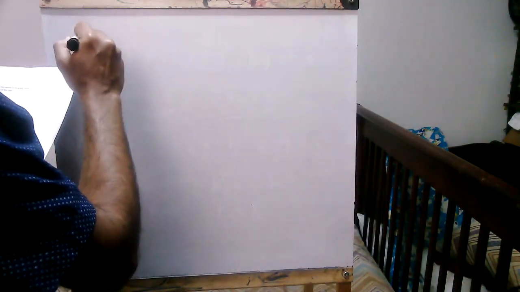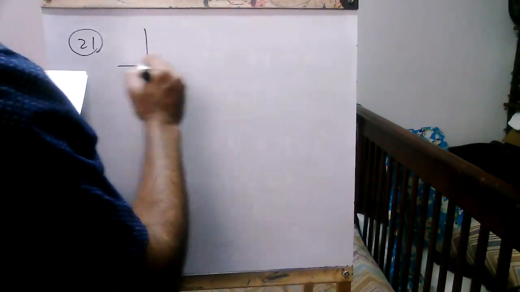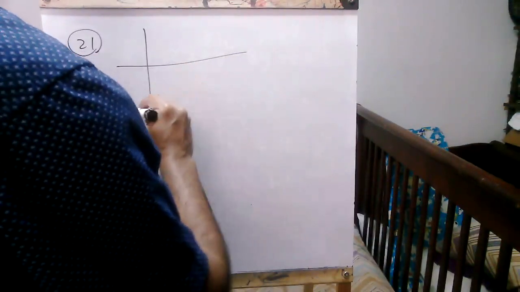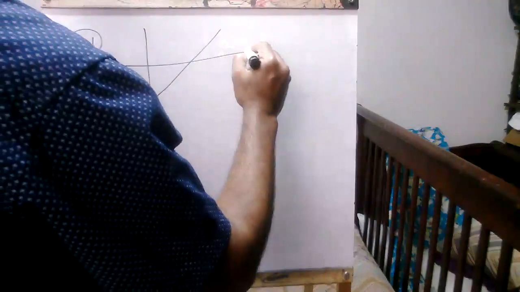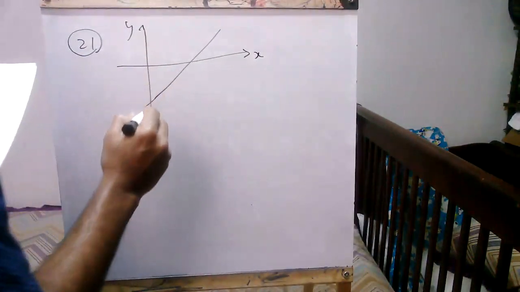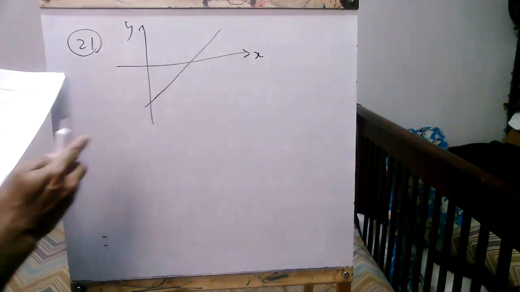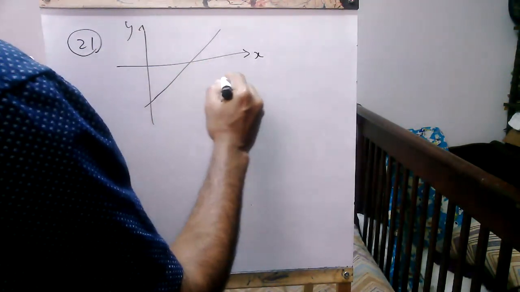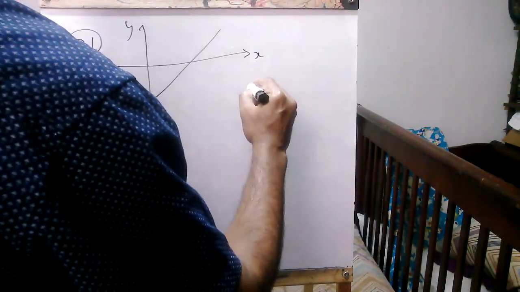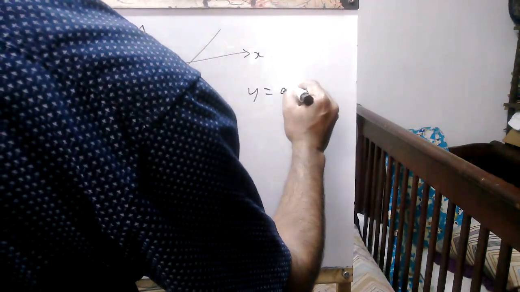With the x-axis and y-axis, it's asking about the product AB, where y equals ax plus b.